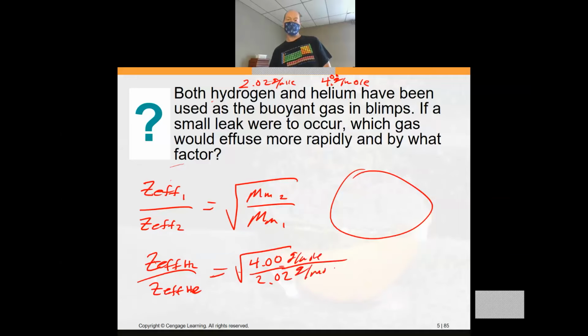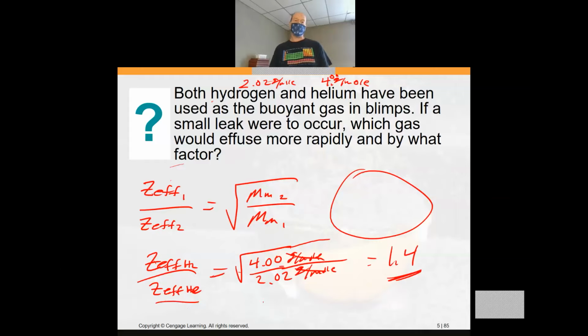You can have any units you want as long as you have the same on top and bottom. If you want to go to kilograms per mole, you will get the right answer, but you wouldn't have to do that because grams per mole cancel grams per mole. It's all about the units that have to cancel. This tells you that the rate of effusion of hydrogen is 1.4 times faster than the rate of effusion of helium.